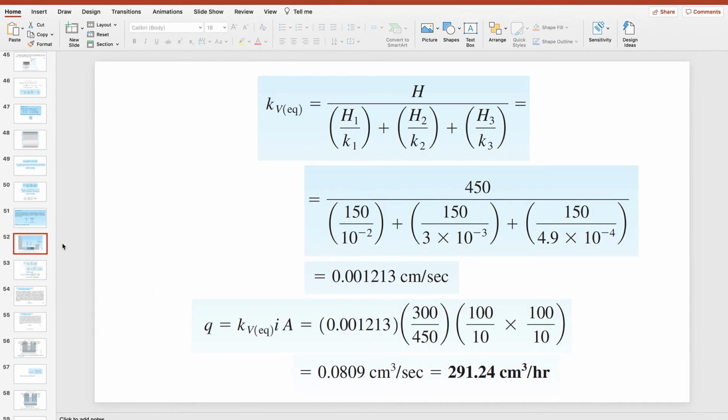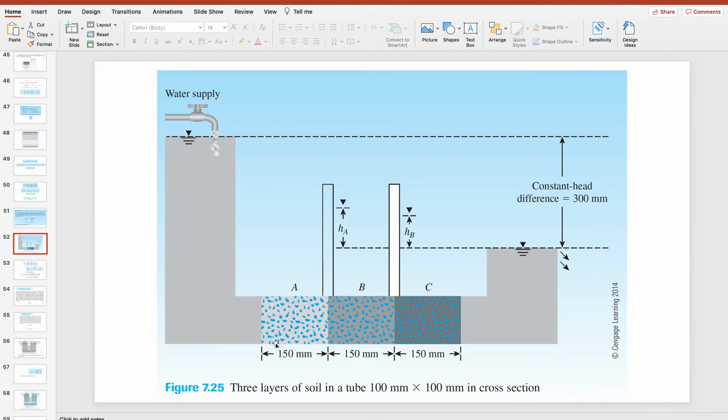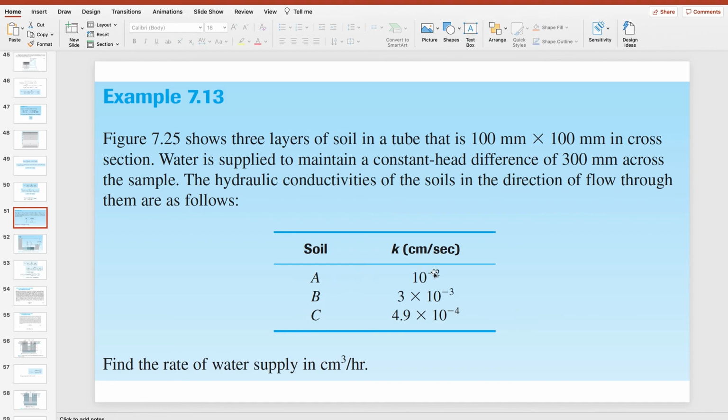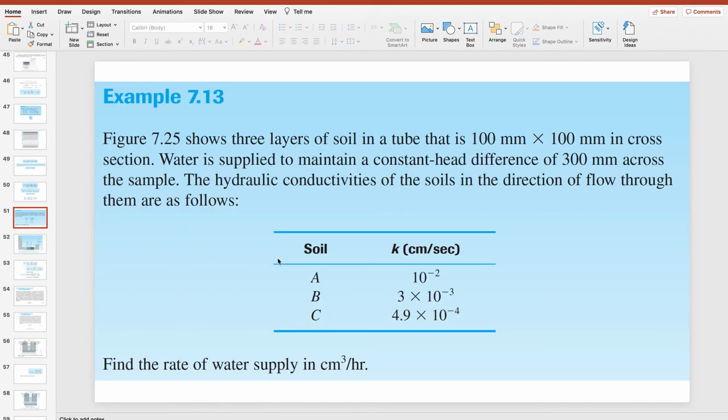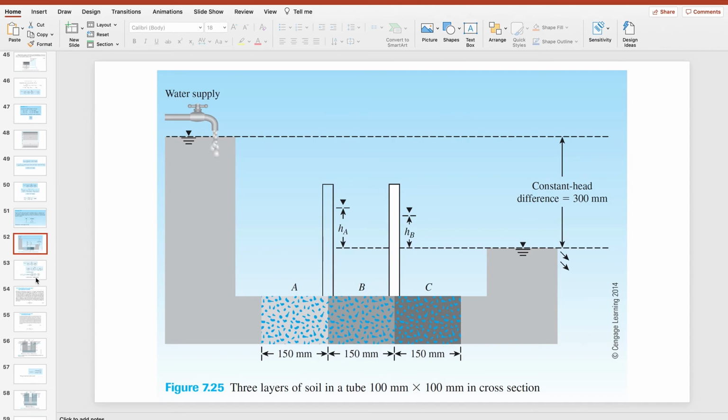Okay, so first we have 150 divided by times 10 raised to negative 2. Next, we have 3 times 10 raised to negative 3. The thickness is 150.